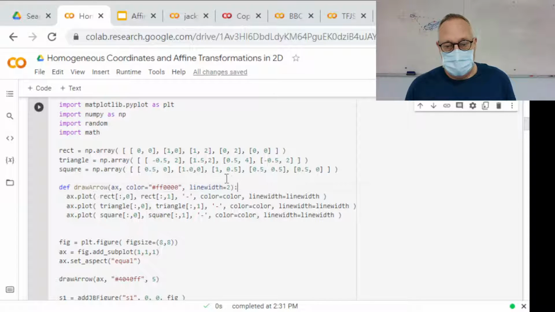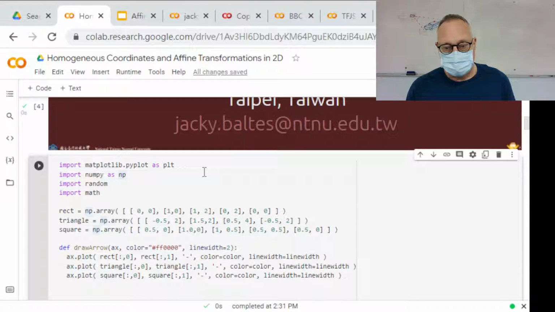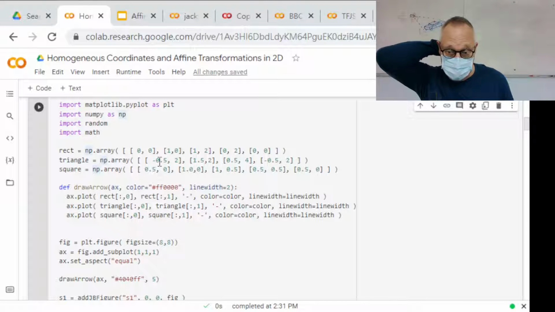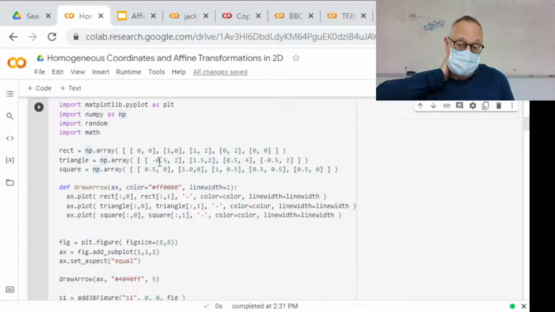So here we generate a Matplotlib plot where we have a rectangle and a triangle, and they are defined by real-world coordinates. So the rectangle is from 0, 0 to 1, 0 to 1, 2 to 0, 2 to 0, 0. And we have a triangle, and a square with these coordinates.